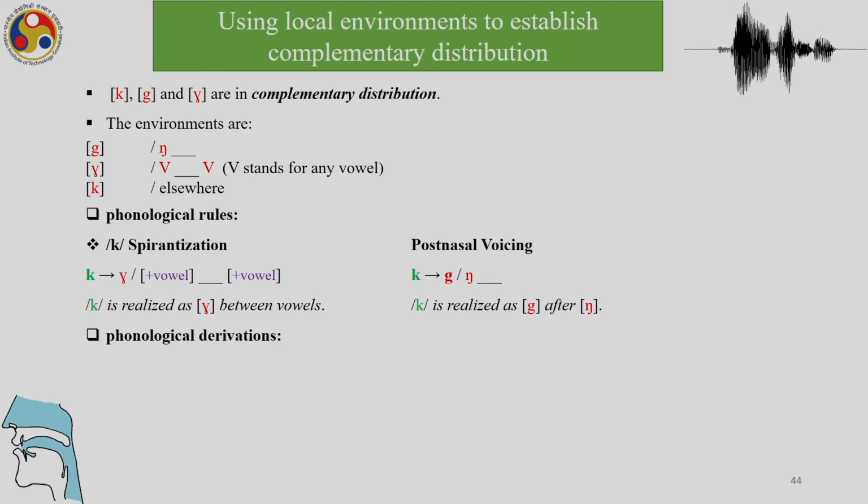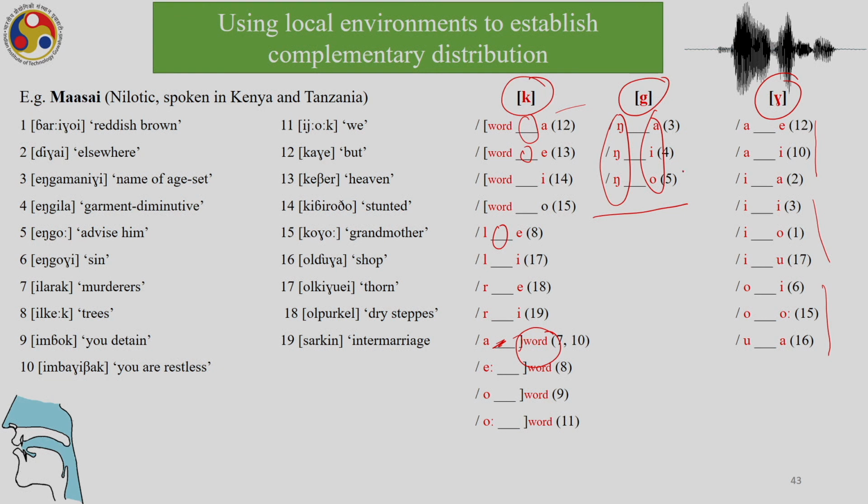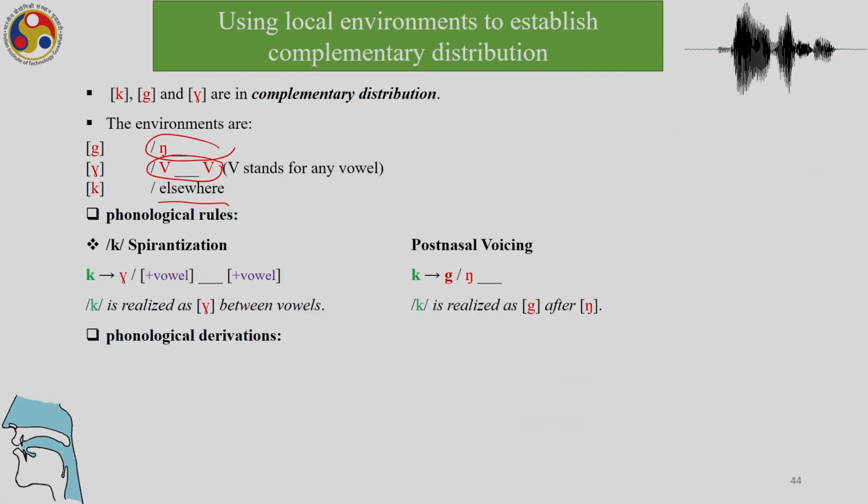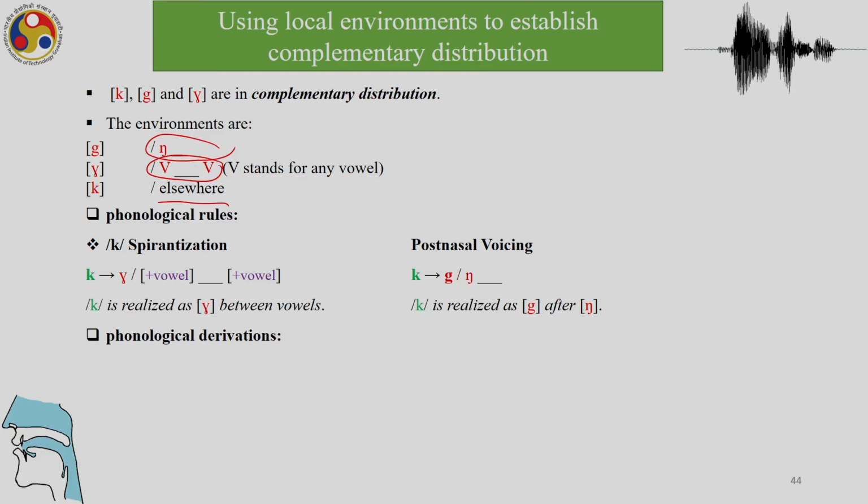And the environments are very clear: when g occurs, it is always after n, and for the fricative there are always 2 vowels flanking it. For k we cannot write an environment because it occurs in so many diverse environments, and we do not have any uniform environment which can be written in a simplistic manner. Now, that is one established way in which we decide complementary distributions and therefore find phonemes in a language.